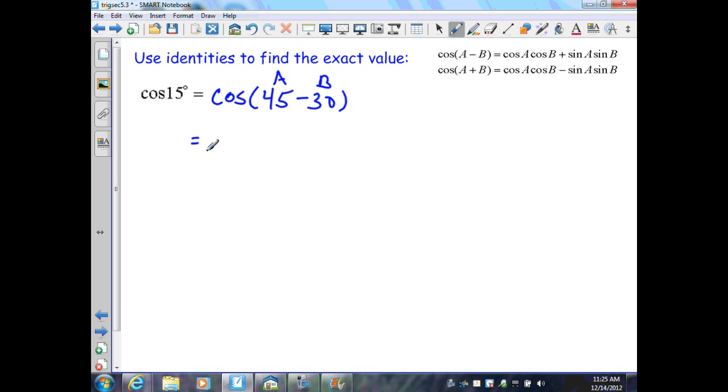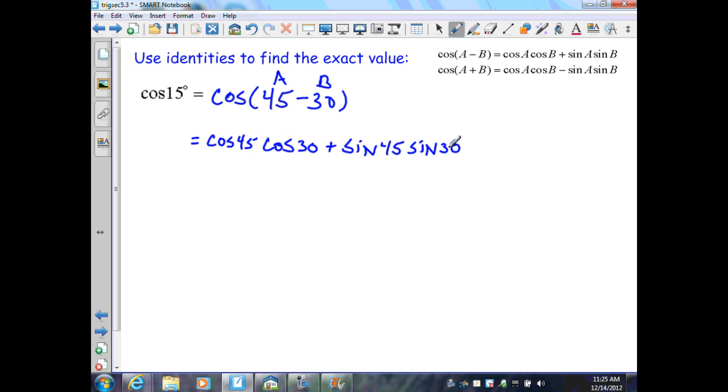That gives me cosine of 45 times the cosine of 30 plus the sine of 45 and the sine of 30.